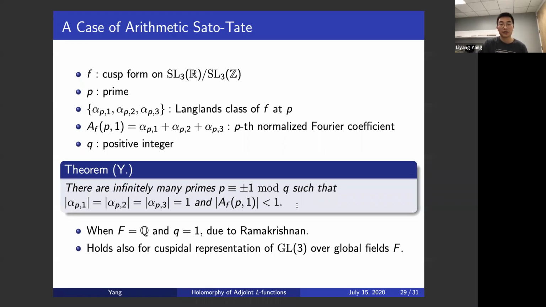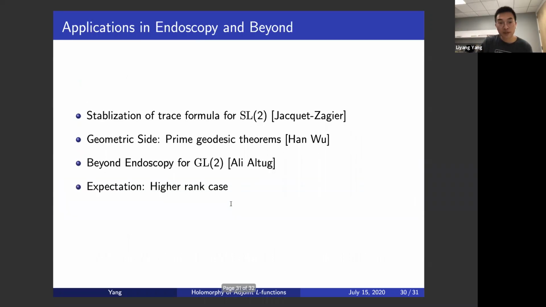Here is the classical language version: the parameters are of modulus 1, and the Hecke trace lies in the unit disk. This is some case of Sato-Tate, one of the applications of our main theorem, and I will leave 2 minutes for further discussion related to endoscopy and beyond.